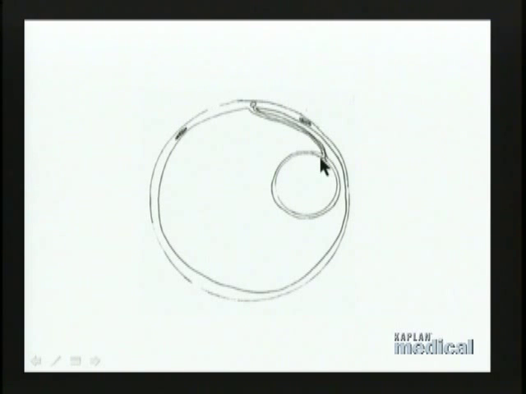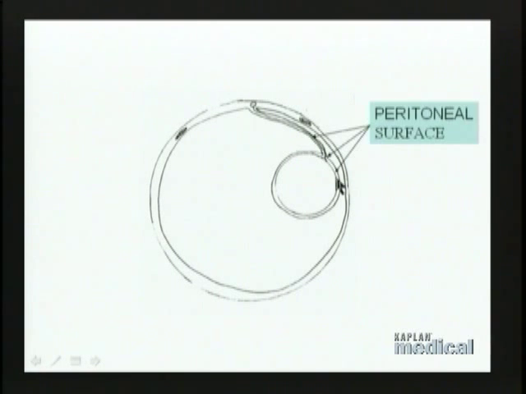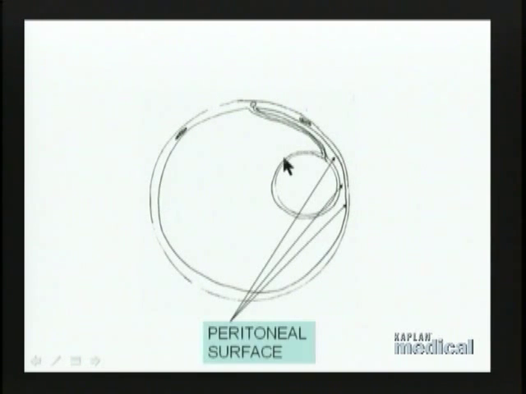Now, as a result of that, we can see that this peritoneal surface, the peritoneal surface that's covering the gut tube, in other words, the visceral peritoneum, and this peritoneal surface, which is, let me use myself as a demonstration of what would happen.